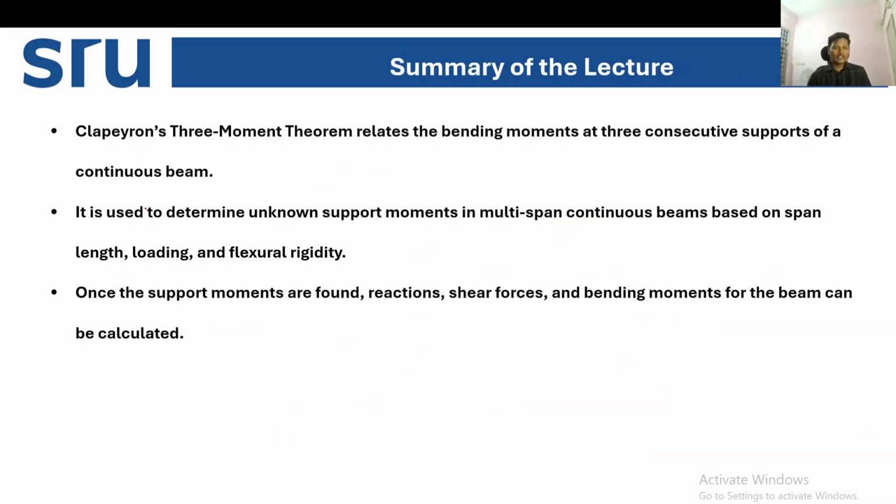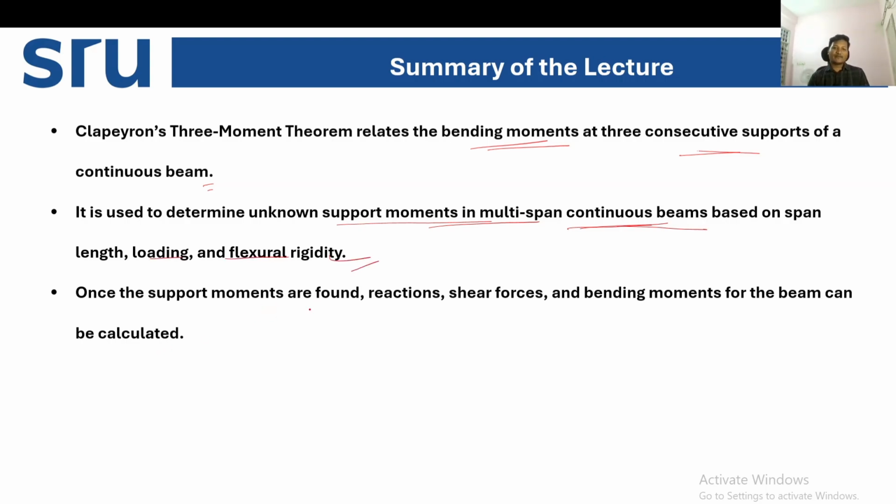So the summary of the lecture is: this Clapeyron's theorem, actually the three moment theorem, relates to bending moments. This also we discussed in the previous class, for three consecutive supports in a continuous beam. Why are we using this? We can determine the unknown support moments in multi-span continuous beams based on the span length, loading, and flexural rigidity.